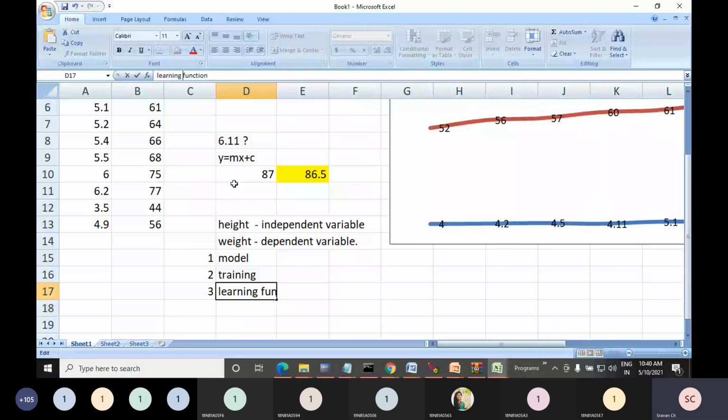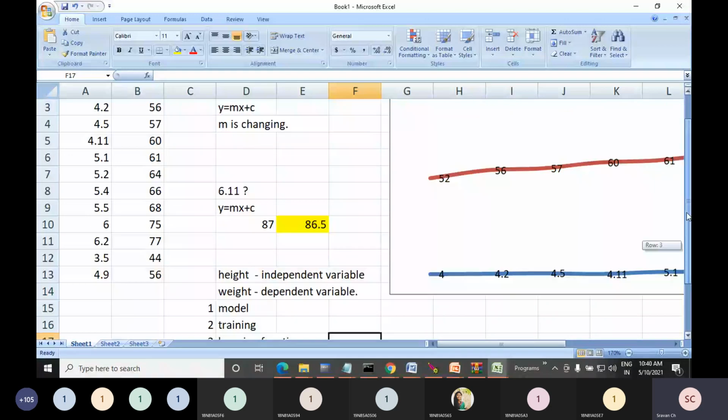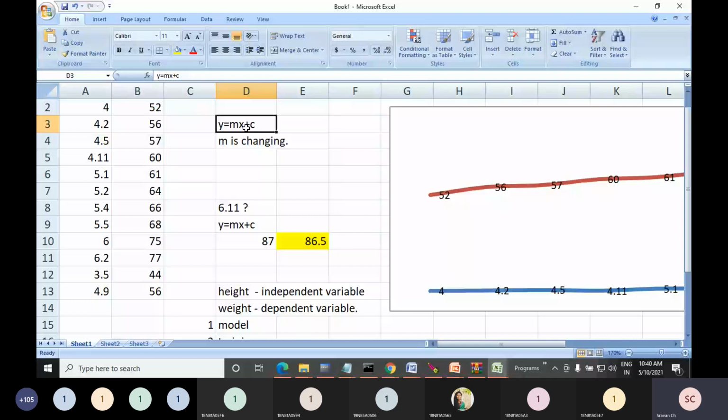Some mathematical function will be there. So in this example, I will use y equal to mx plus c as my function. Here y is weight, which is a dependent variable, and x is my height, which is the independent variable.